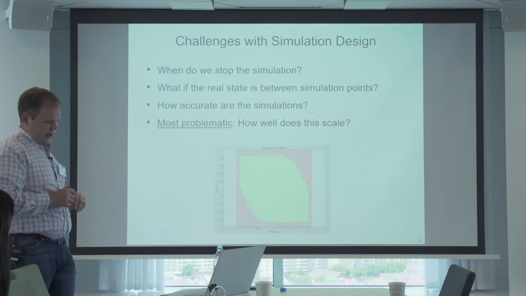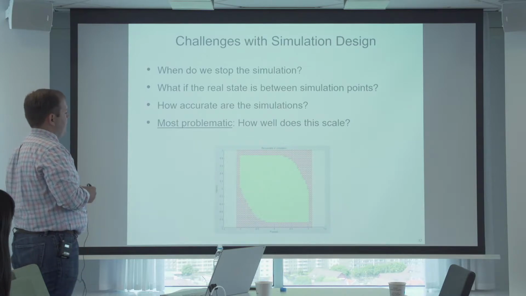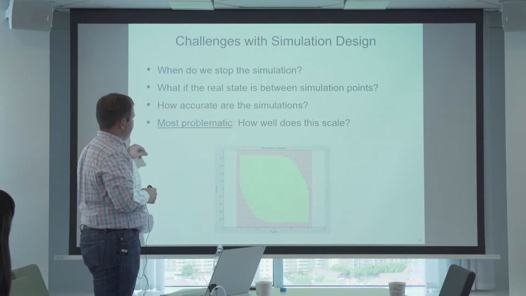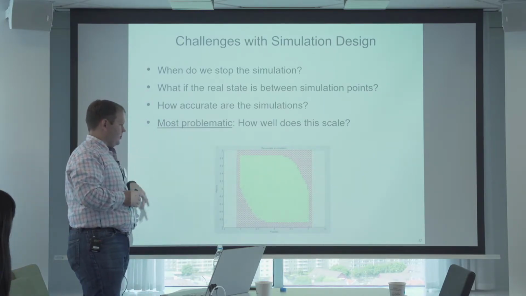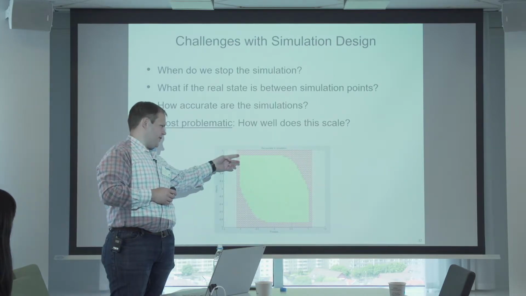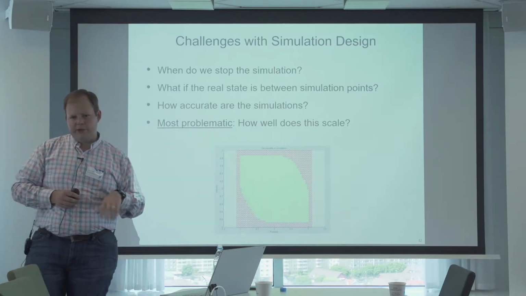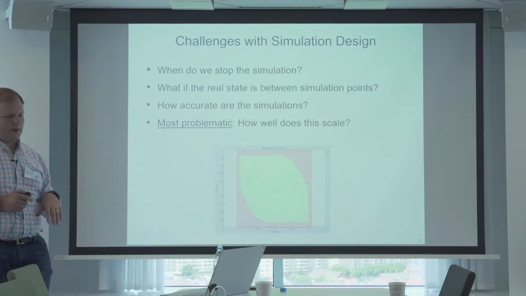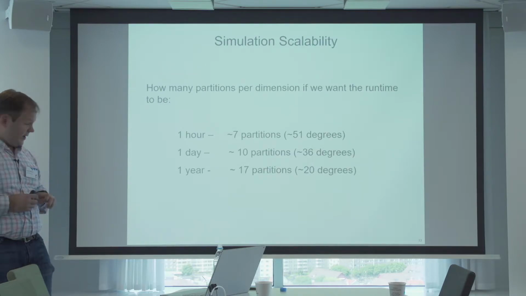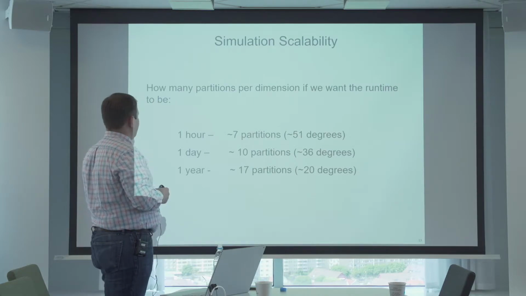So how would this scale? Obviously this is not a formal way of doing this. There would be accuracy issues. There could be points between simulation points. But the biggest problem is if you characterize this and, say, built a lookup table, or maybe even tried to interpolate between points, how many points do you have to store? It's going to scale really quite terribly in the dimensionality of the system. This is a 4D example.